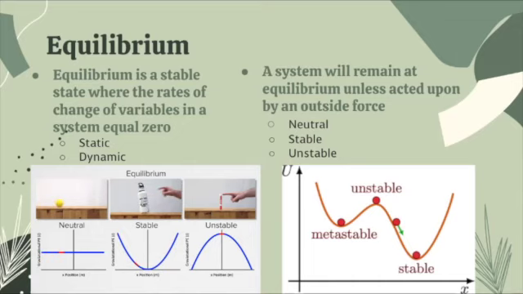Equilibrium is a state in a system where the rates of change of variables equal 0. If we take our bathtub example, a state of equilibrium might be that there is no flows in or out of the bathtub, so no draining and no water coming out of the faucet, in which case our stock would be at 0.